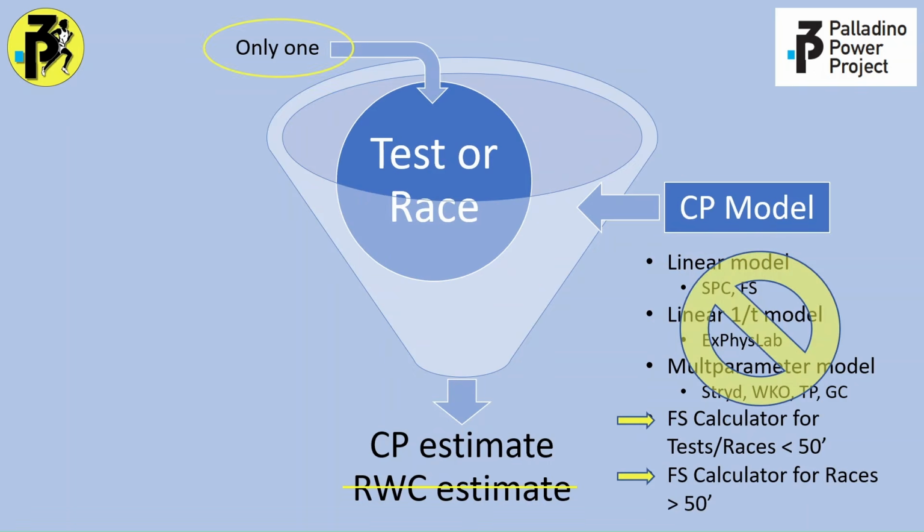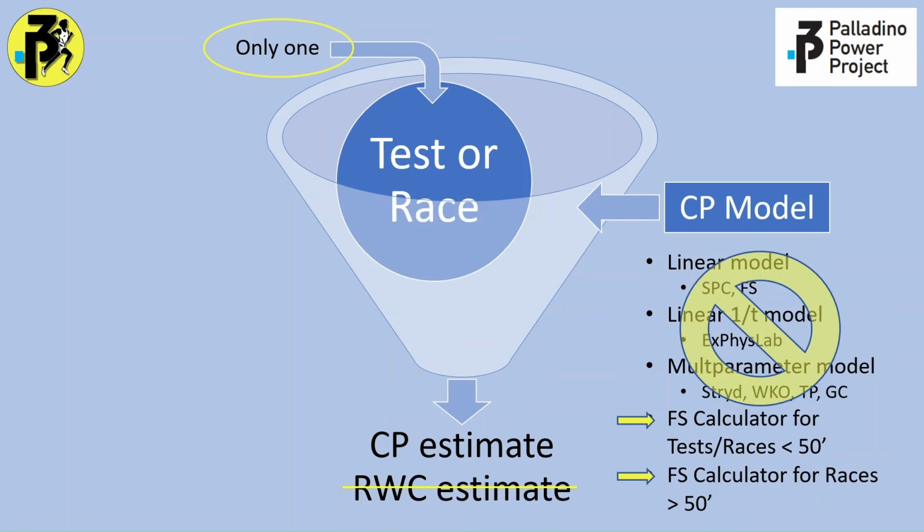Let's say you don't have two or more domains represented in your database, and you just have a recent test or race, and that test or race is either less than 50 minutes or more than 50 minutes.